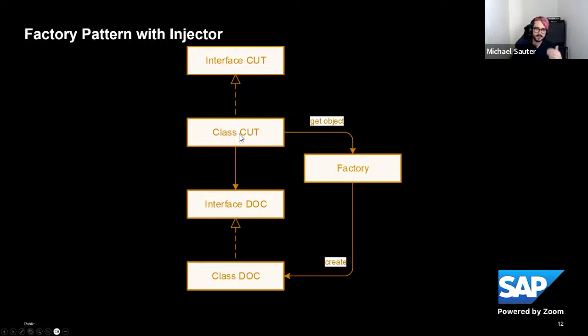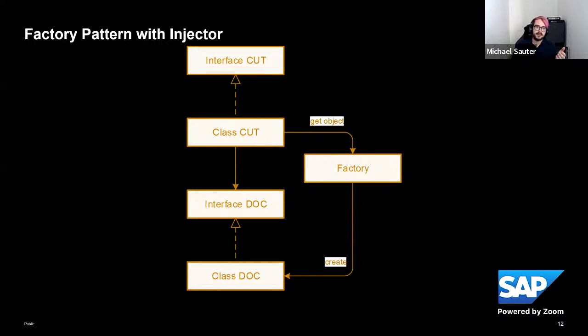The code in the class gets executed, and that class then asks the factory for an implementation of the interface of the depended-on component. So this class, the code under test, only uses the interface defined for the DOC. The factory then instantiates an object of the class of the depended-on component and returns that, and everything runs as expected.